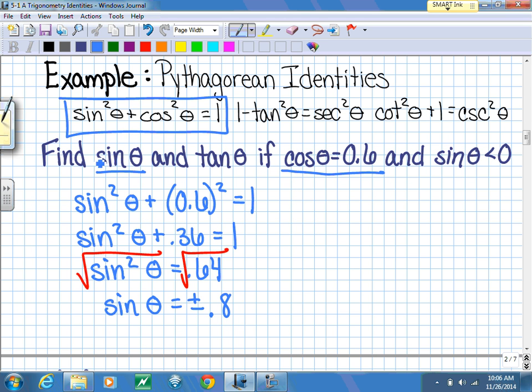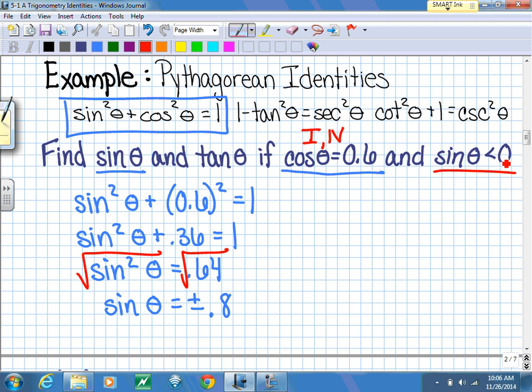If I'm just trying to find sine theta, I'm going to look at the information given to me to help figure out whether it's going to be the positive 0.8 or the negative 0.8. Cosine theta here is 0.6. The fact that it's positive tells me that I have to be in either the first or the fourth quadrant.